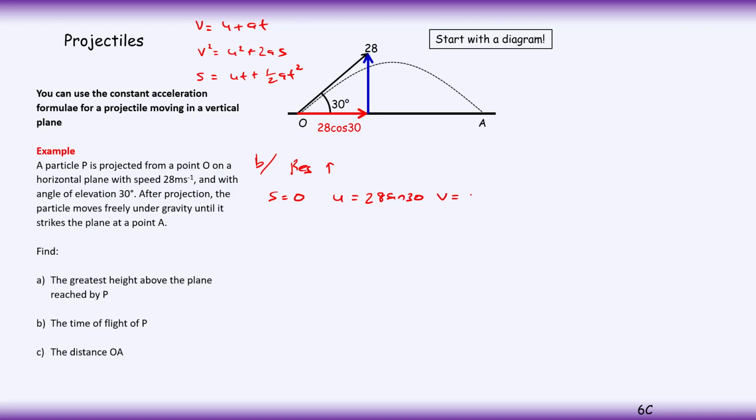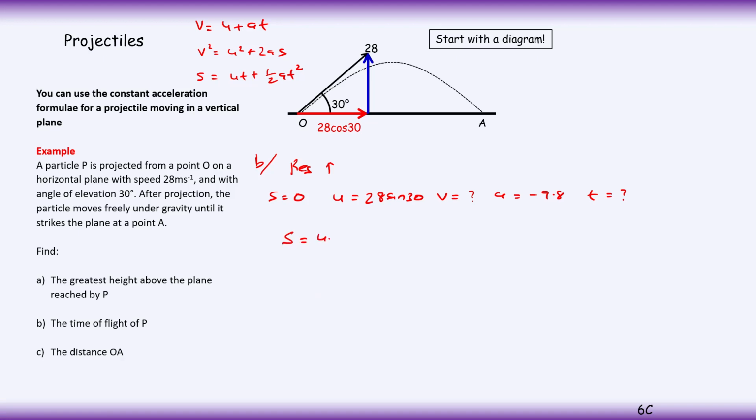V, we don't know. A, minus 9.8. And T, we want to find. So, S, U, A, and T. I can use this formula then.